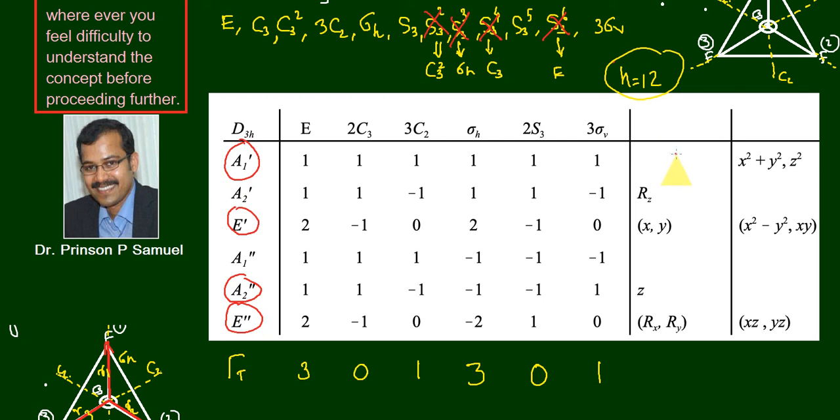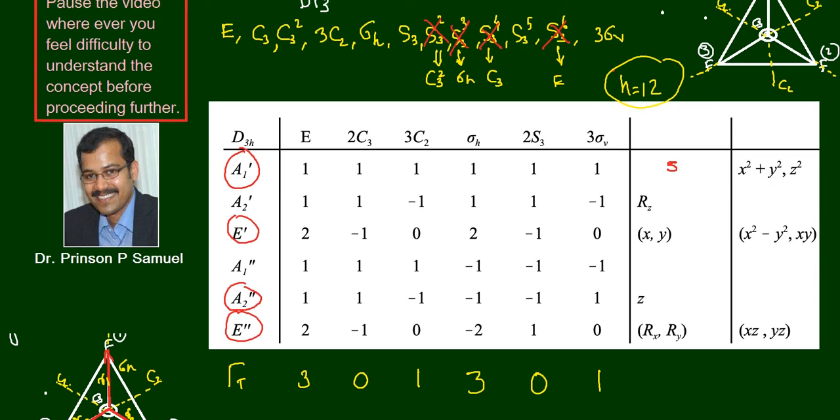Even if it is not written in the character table, it is obvious that s orbital is totally symmetric, because A1 dash is a totally symmetric irreducible representation. All characters here are 1. Therefore, we have to assume that s is already there. So we have s and dz square from this part.